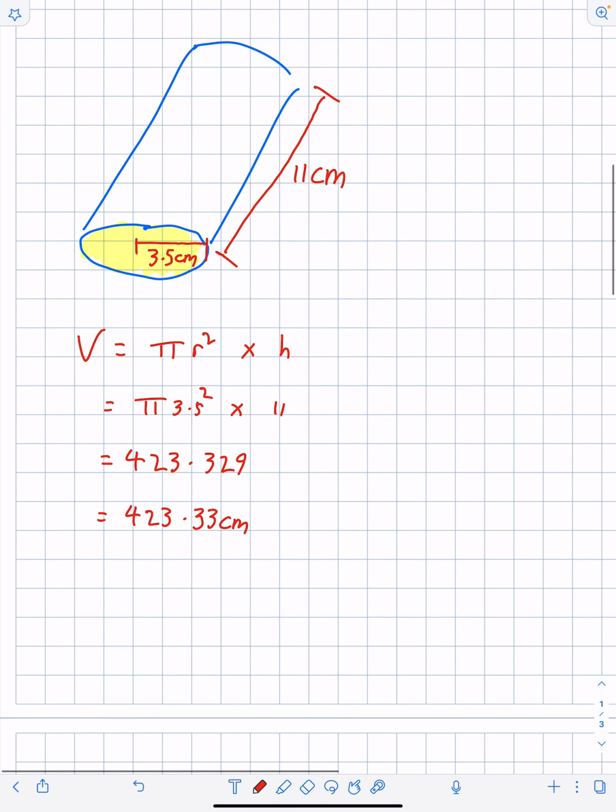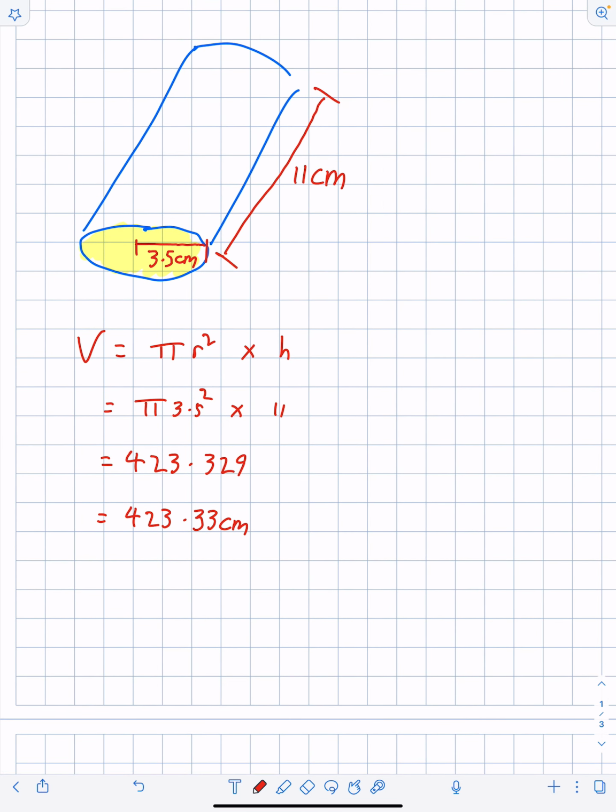Okay, that's the volume of the cylinder. And I've written square centimetres, it should be cubic centimetres. There we go. Okay. That's the first volume.